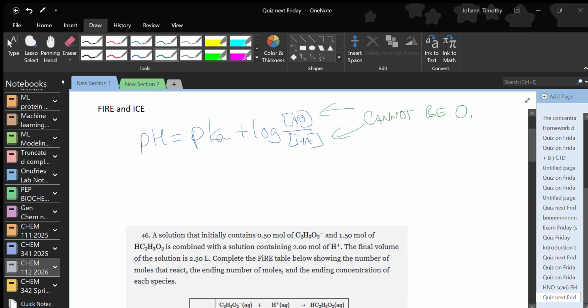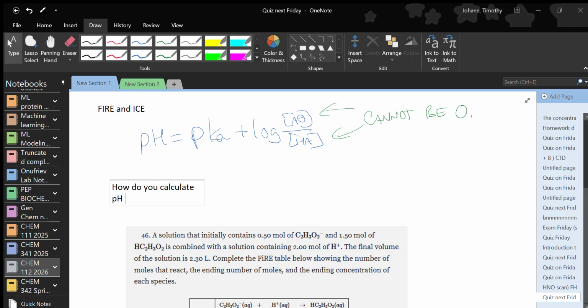All right, so we're going to go ahead and talk about what your author likes to call these fire tables. But essentially what's going on with these tables is we're going to talk about how do you calculate pH when a strong acid or a strong base is added to your buffer.